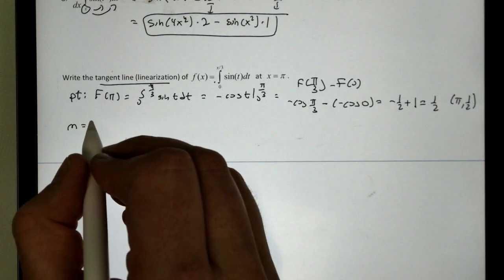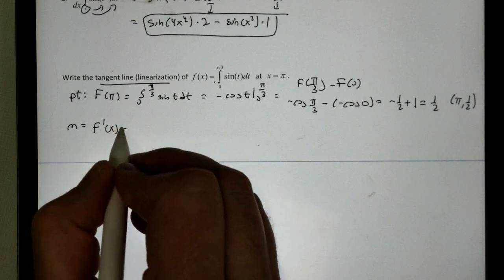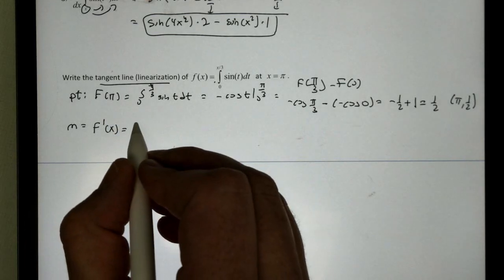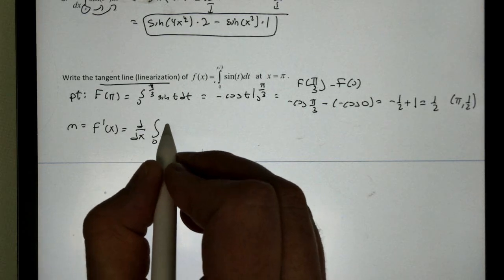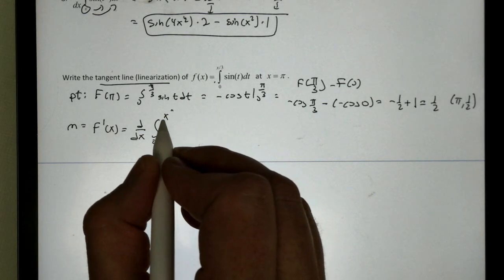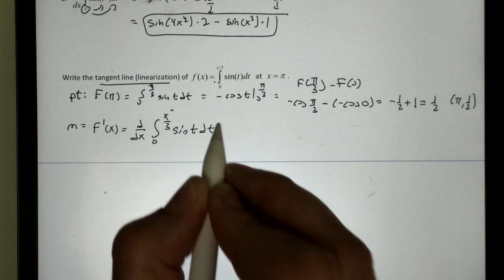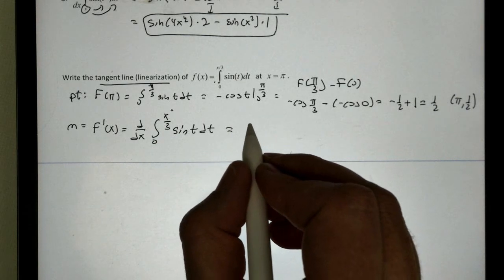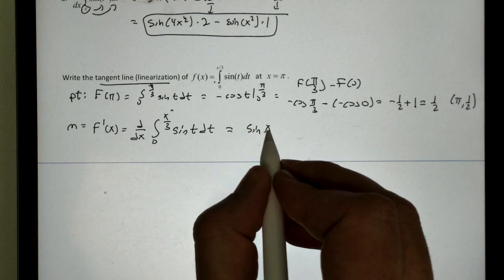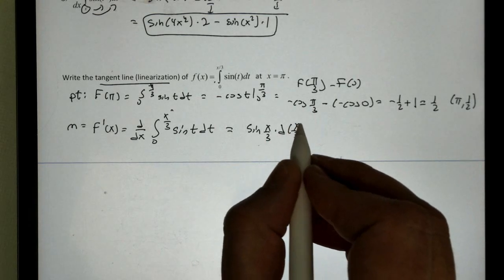Now to get the slope, remember the slope is the derivative. It's f prime of x. So let's take a look here. F prime of x would be given by the derivative of this, the integral from 0 to x over 3 of sine of t dt, which by our new rule says this is just going to be the sine of x over 3 times the derivative of x over 3.